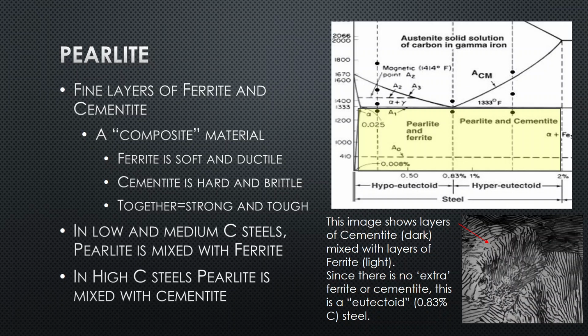This is actually what you'd see if you came right up and down the middle here with a eutectoid steel. There's no extra crystals of ferrite, no extra white crystals, and there's no extra crystals of cementite, which would show up as black chunks in there. You're just seeing 100% perlite, this very fine mixture of cementite and ferrite.